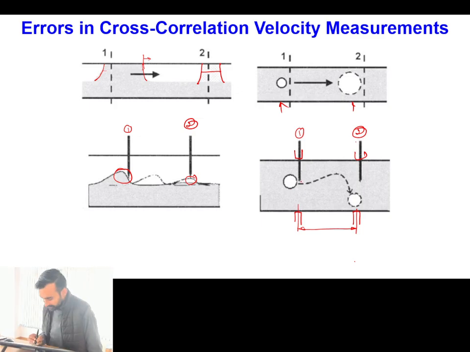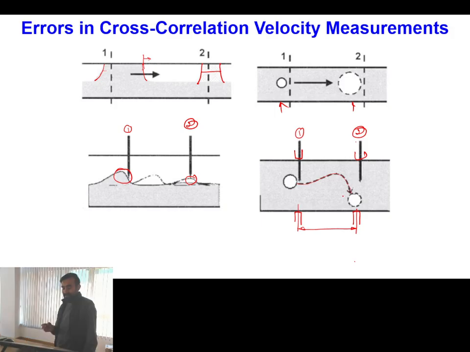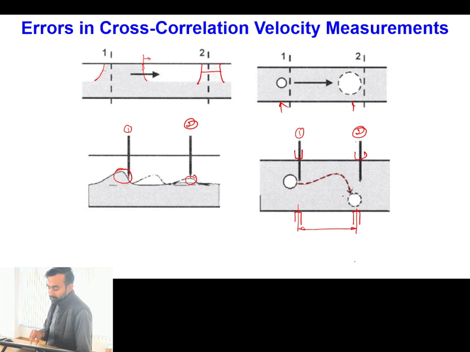But in the actual scenario, the bubble is traveling more distance. So here we will observe that the actual velocity of the bubble will be more in comparison to the velocity which we are measuring, because actually it has traveled more distance in that time interval. Okay, is this one clear? So these are some of the errors which are associated with cross correlation velocity measurement.